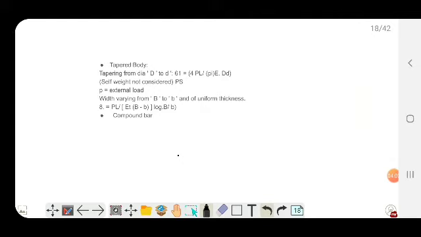Next we have tapered body. Tapered body means its area of cross section is decreasing this way. And we have two cases, the cross section being rectangular or the cross section being circular, and we will be discussing that now.